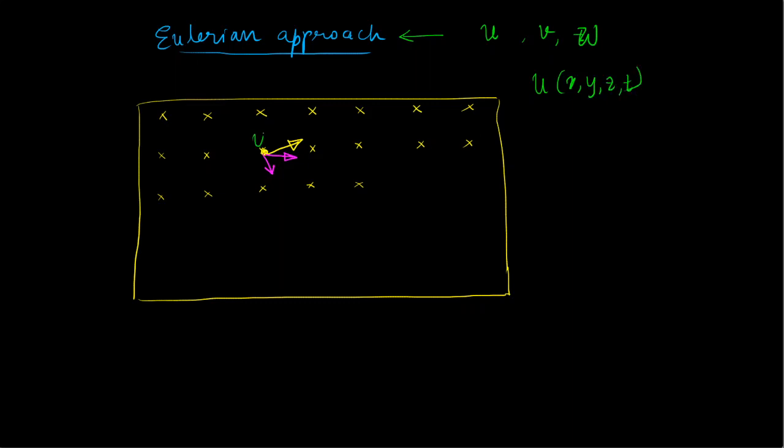So U at this point is smoothly varying, and it can change in time, meaning at a given time these are the velocities at these particular points. At the next time instant it could be something like this. So velocities can change, but we are always focusing our attention at fixed points in space rather than following given material points.